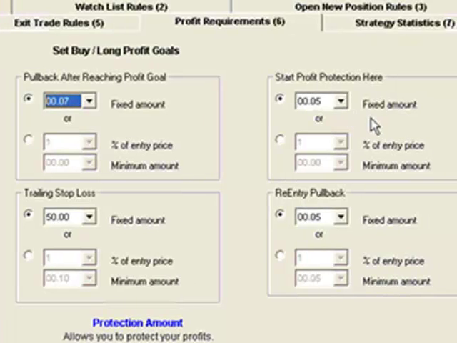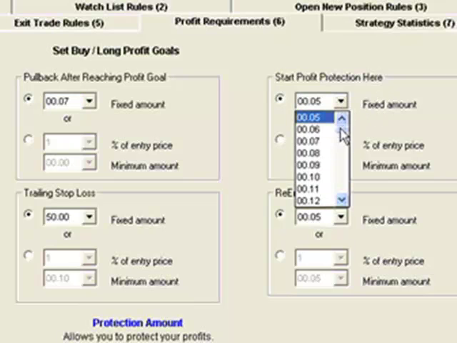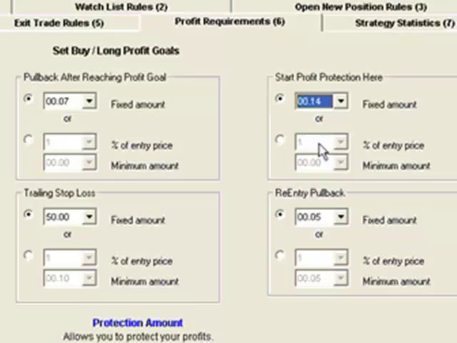Now the next one over here is our profit protection. It says start profit protection here. Now this feature is a CoolTrade patented feature, and this says once I've reached, let's go ahead and raise this a little, once I've made, say, 14 cents, I want to start profit protecting.